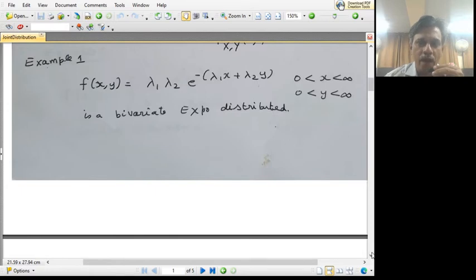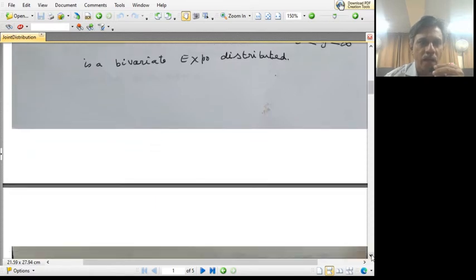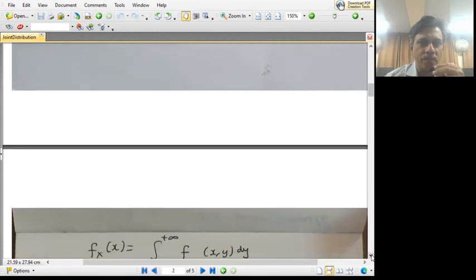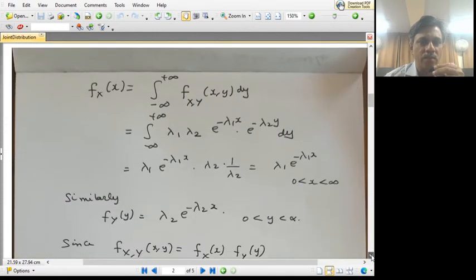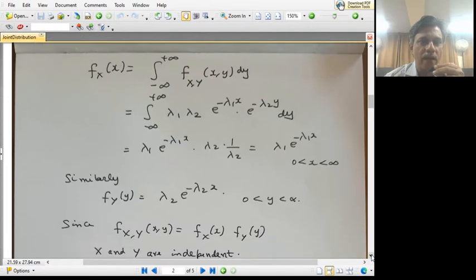Now let us go ahead and try to find the marginal density functions. If you want the marginal density function of x, you have to integrate out y. So the integral from minus infinity to plus infinity of f_XY of x comma y dy has to be done.